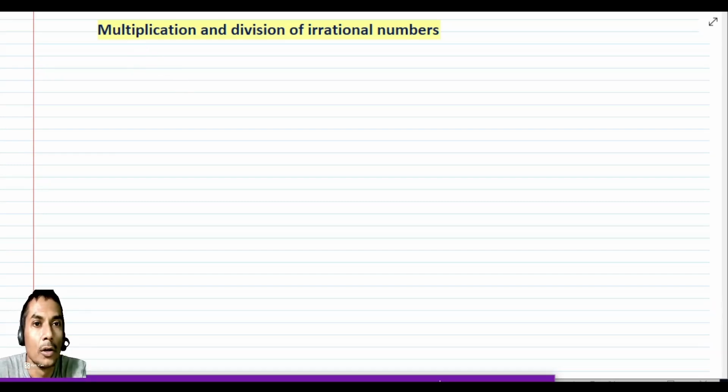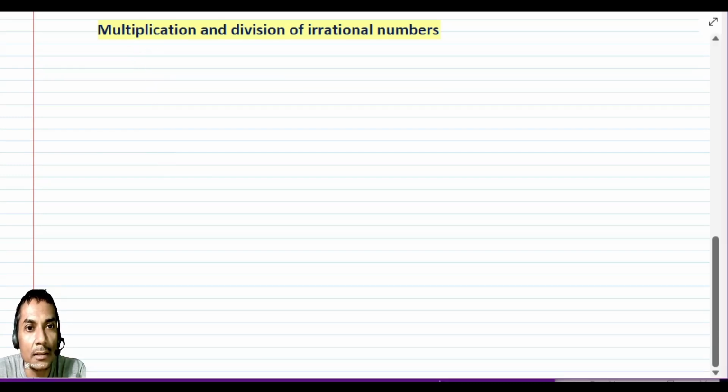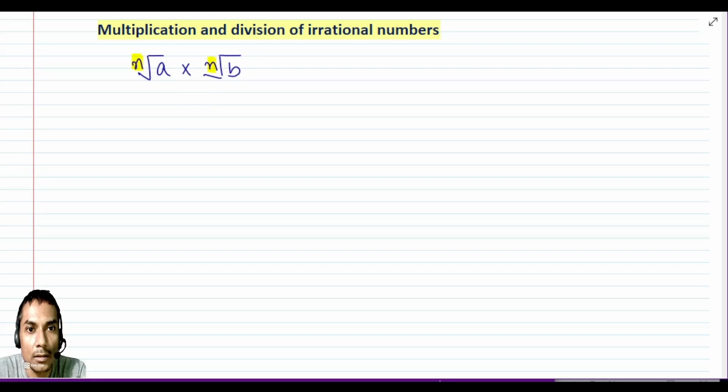For this, you first consider the order of the irrational number. What does that mean? If we write nth root of a multiplied with nth root of b, here this n is actually the order.